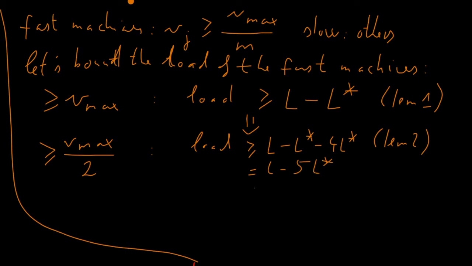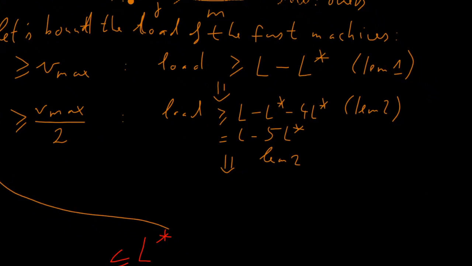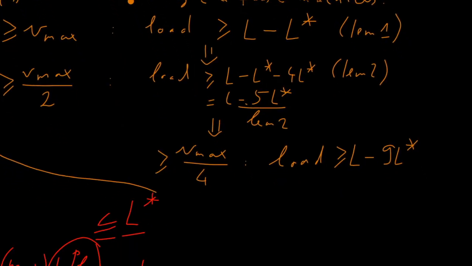Now again we apply lemma 2: the machines of speed at least V max divided by 4, because we can halve the speed again, will have a load of at least L minus 9 L star, because we already have minus 5, minus 4 more, it's minus 9.